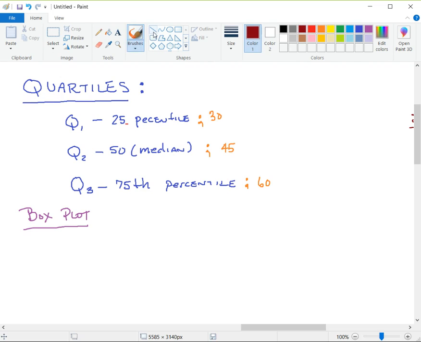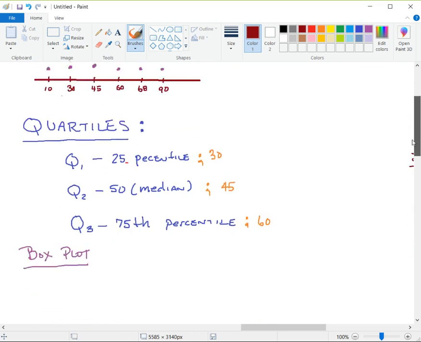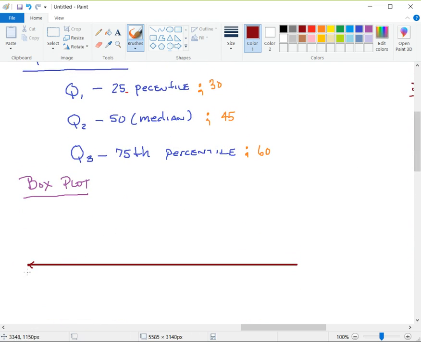Now the procedure for making one of these, let's do it in maroon, is the first thing you want to do is draw a line that represents the range of your data. Now you can start at or close to your lowest value, and since my lowest point in my data is 10, as you see up here, I'm going to actually start this at 0.